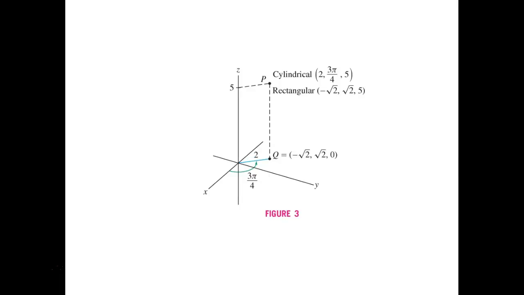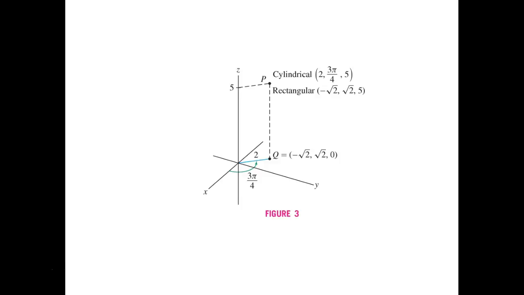Oh, I see. Here's a point. I don't know which they gave you. If they gave you the point negative root 2 on x, positive root 2 on y, and positive 5 in z, in cylindrical coordinates, it's pretty obvious: if you have negative root 2, positive root 2 as your x and y, x coordinate being negative, y coordinate positive, that puts you in the second quadrant of the xy plane.